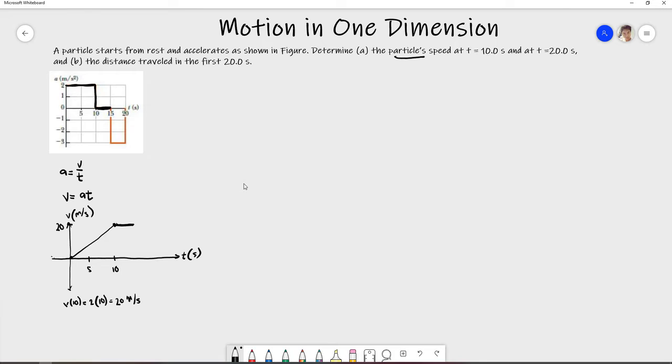And for 15 to 20 seconds, we can see the acceleration is negative, meaning the particle is decelerating. If the particle is decelerating, meaning to say its speed is decreasing constantly. Therefore, the graph is decreasing up to a certain point.